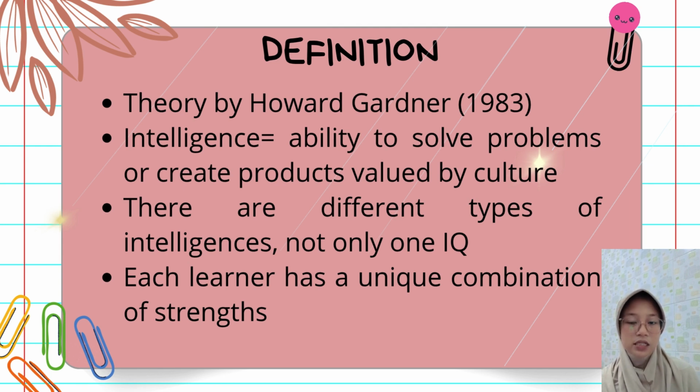Each learner has a unique combination of these intelligences, which means that students bring diverse strengths and potential into the classroom. Recognizing these multiple intelligences allows teachers to provide varied learning activities that cater to students' different abilities and help them achieve their full potential.